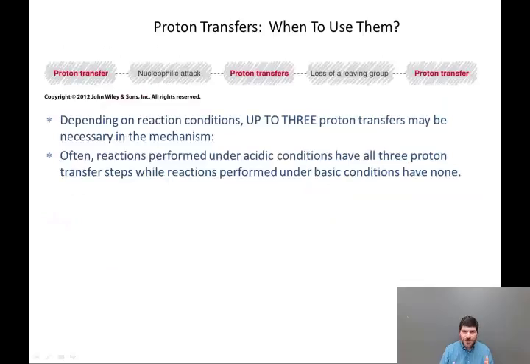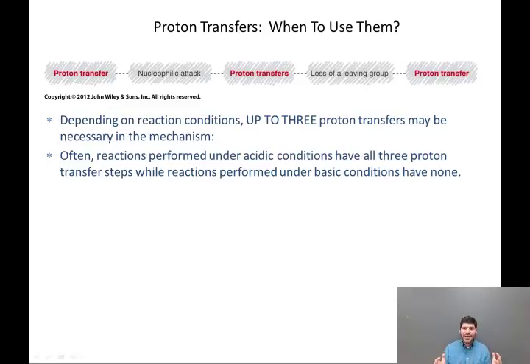The other thing that I want to talk about before we get into the very specific mechanisms is the topic of proton transfers. Specifically, when do we use them? Depending on the reaction conditions, there can be up to 3 proton transfers in the mechanism. The main steps in an acyl transfer mechanism are addition, nucleophilic attack, followed by elimination, loss of a leaving group.